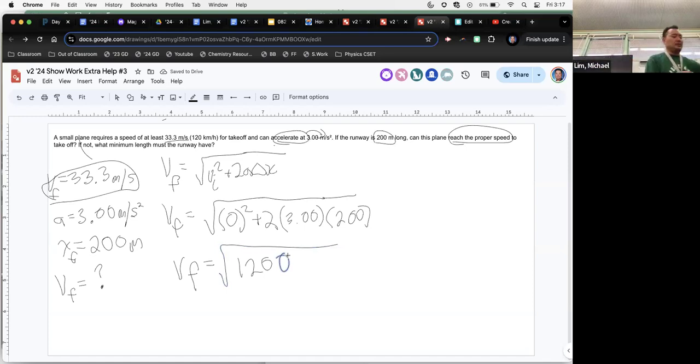How do we do that? You're going to click second, and then the X2 button, and then put in 1200. So second, the X2 button, and then put in 1200.